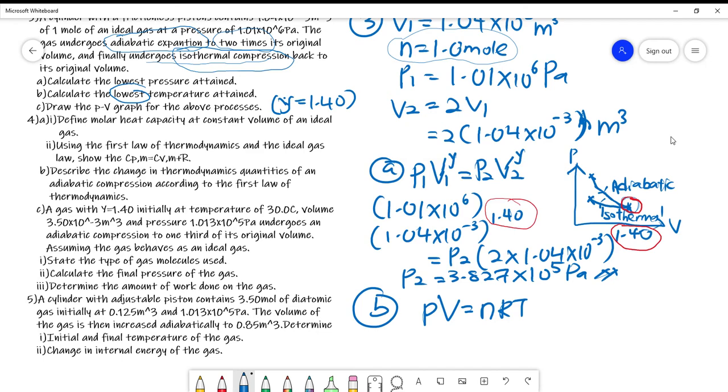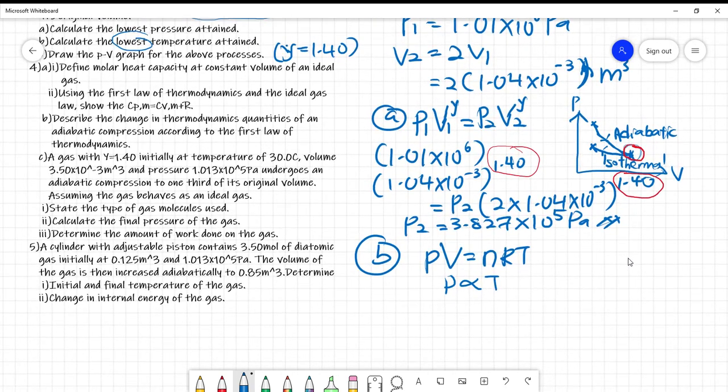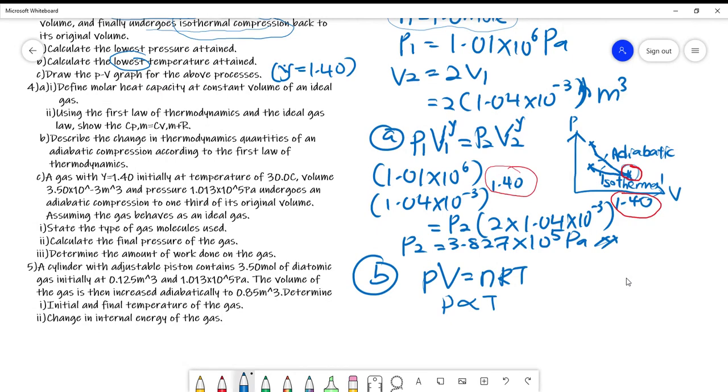Based on the gas law, which is Gay-Lussac's law, it's quite confusing. P is directly proportional to T. So for the lowest temperature, since here is the lowest pressure, the lowest temperature is located here.